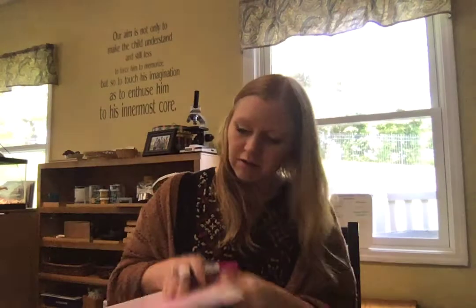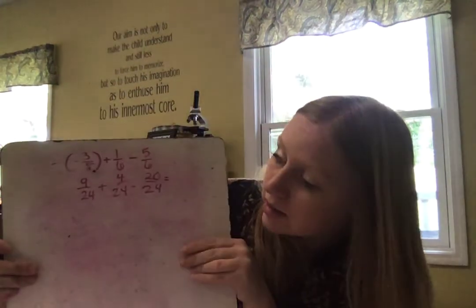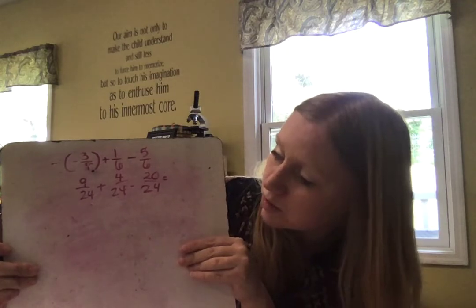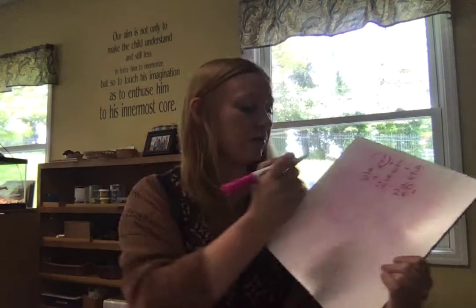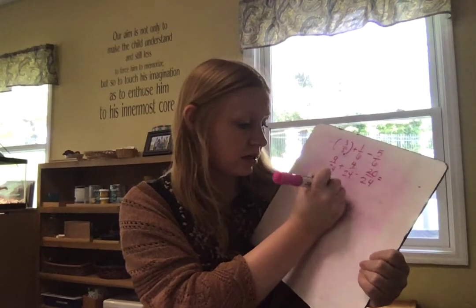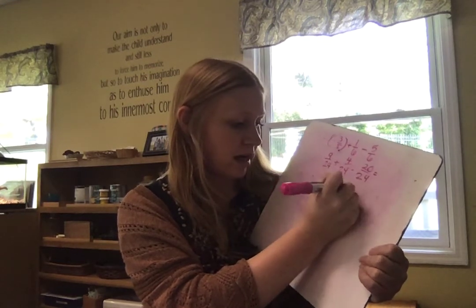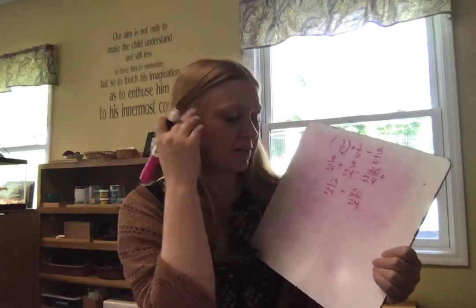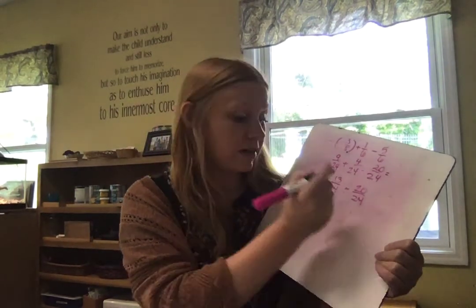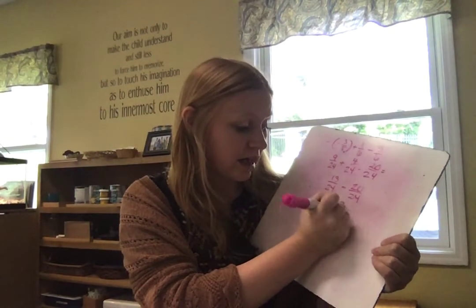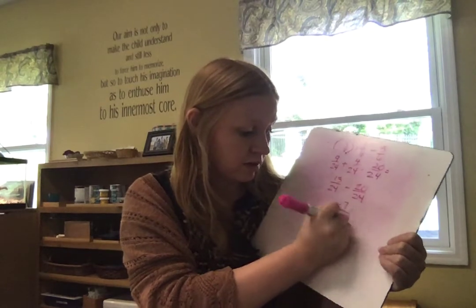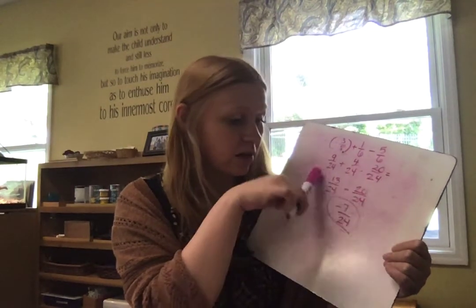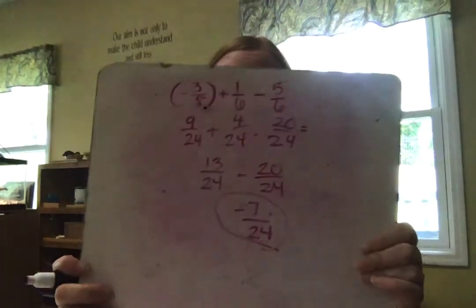So this is what my equation looks like now. 9/24ths plus 4/24ths minus 20/24ths. 9 plus 4 is 13/24ths minus 20/24ths. So what's 20 minus 13? That is 7. So I'm left with negative 7/24ths. It's negative, Seth, because this number is larger than this number.